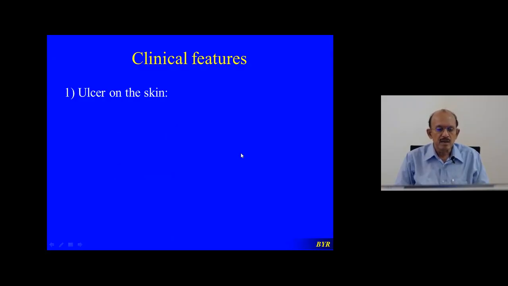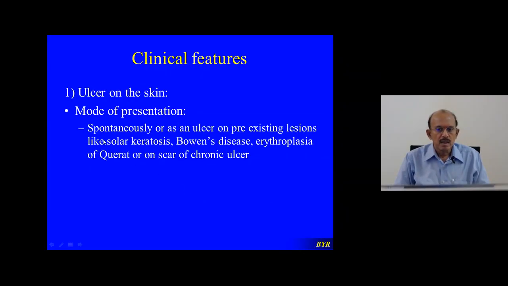Manifestation: clinically, it may present like an ulcer on the skin. The ulcer may occur spontaneously or on a pre-existing lesion like solar keratosis, Bowen's disease, erythroplasia of Queyrat, or on the scar of a chronic ulcer.